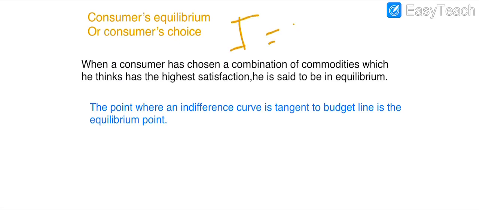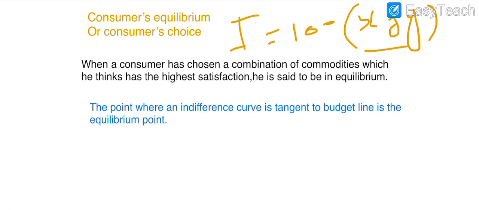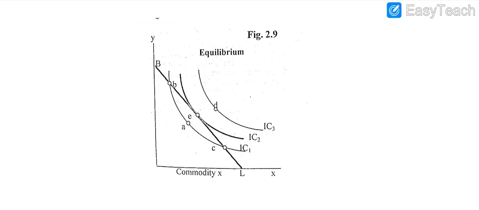If the income of the consumer is 100 and he has to choose between two commodities X and Y, he will choose the combination which provides him the highest level of satisfaction. In other words, the point where the indifference curve is tangent to the budget line is the equilibrium point. And you can see in this diagram, this is BL.